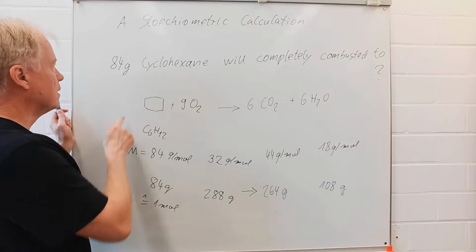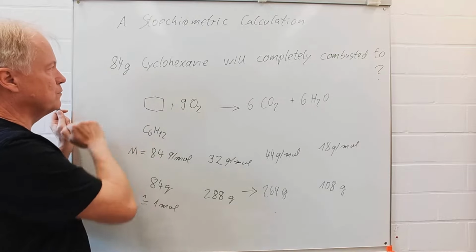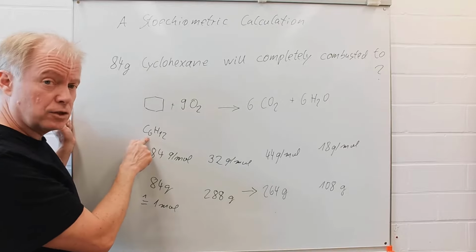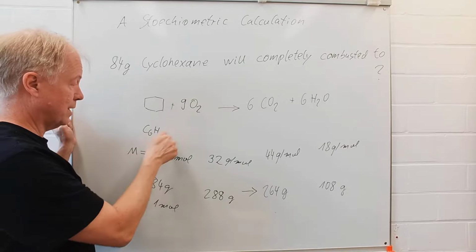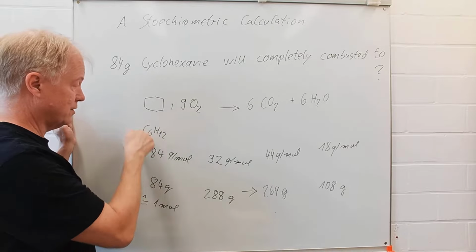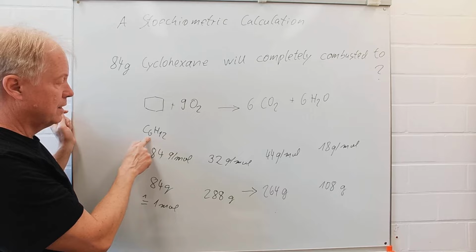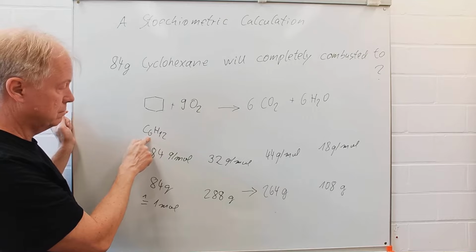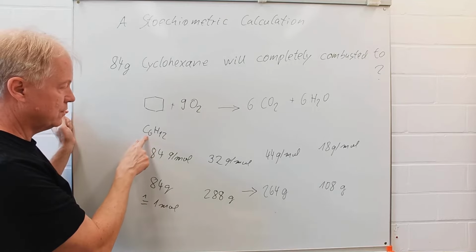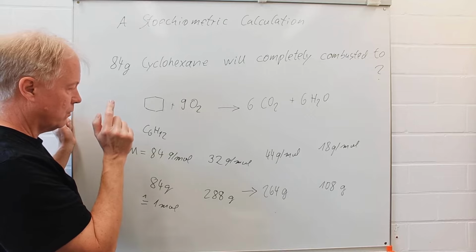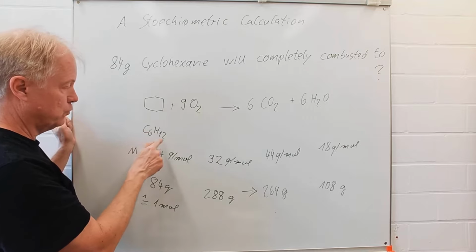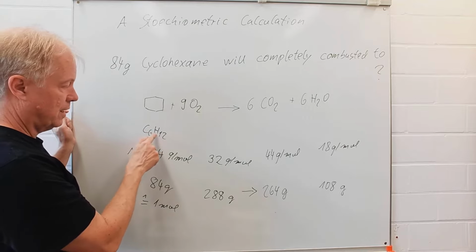So, we said we start with 84 grams of cyclohexane. Now we calculate the molecular mass of cyclohexane. It's the sum of the atomic masses. Well, 6 carbon atoms, 12 grams per mole each, means 6 multiplied with 12 means 72, plus 12 hydrogens.